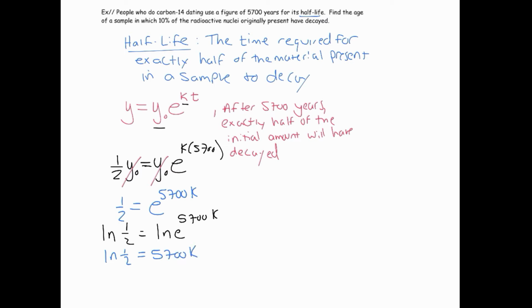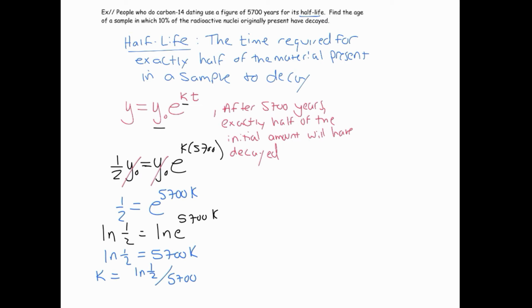And solving for k, that means that k equals ln of 1/2 divided by 5,700. So we've solved for our k.